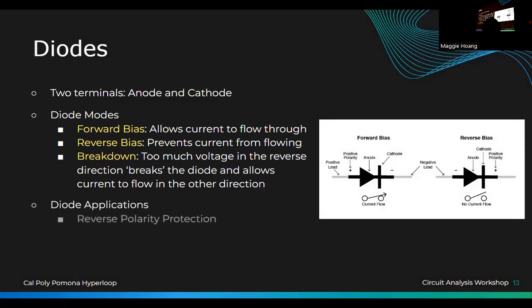Diode applications. You can use it to protect your circuits, right? Because if you plug the positive into the negative rail, then it can't go through. You could also use an LED. Everyone knows what an LED is? Does anyone know what it stands for? Yeah, so it is a diode, right?